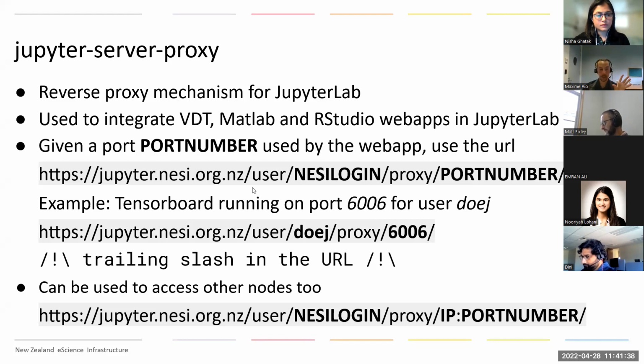And here is how you would use it. You would use the URL of the Jupyter on NeSI, /user/ your NeSI login. So in my case it will be Riom, for example, /proxy/ the port number. When you run a web application, usually when it starts, it will tell you, hey, I'm running on localhost colon, and here is the port number.